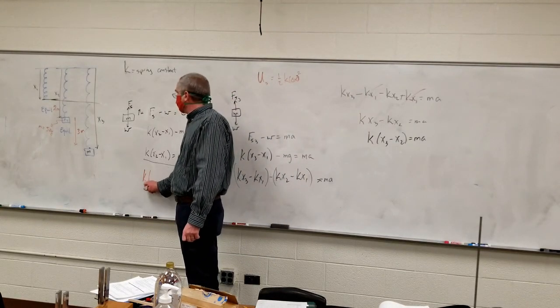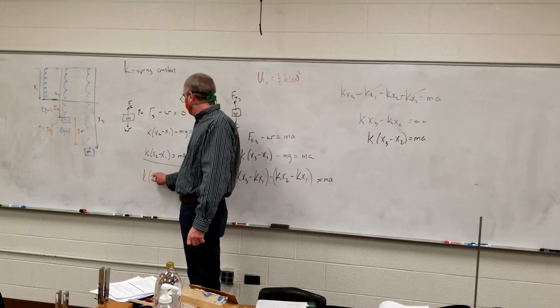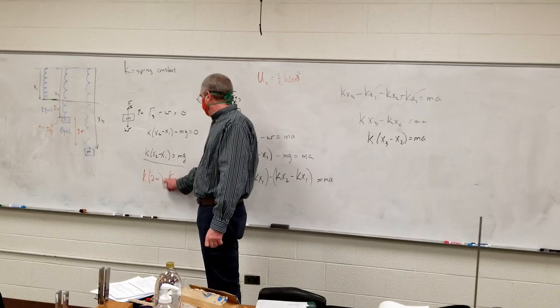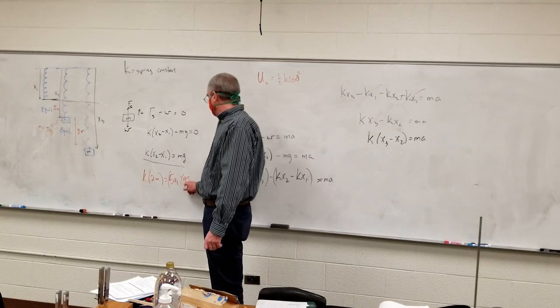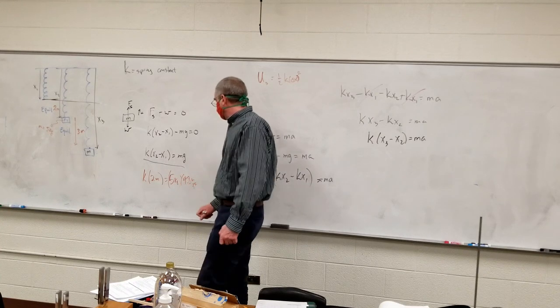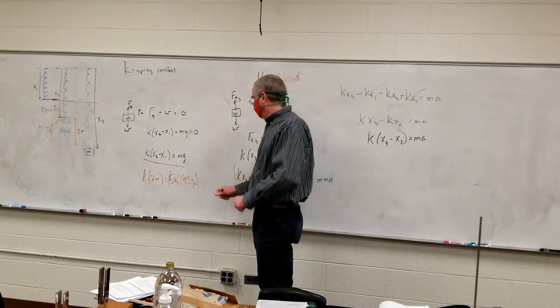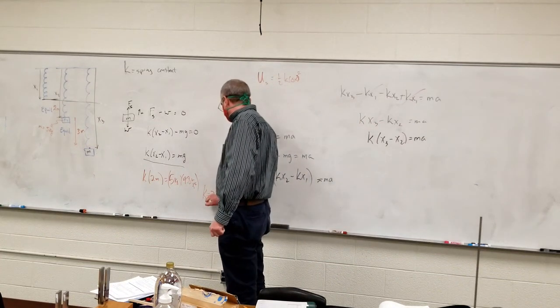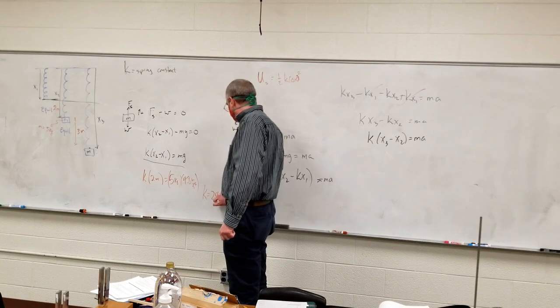So my spring constant times 2 meters is equal to 5 kilograms times, what the heck, let's make it Earth, 9.8 meters per second squared. What is the spring constant? 24.5. Units?